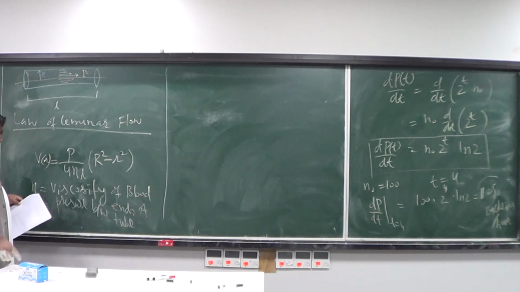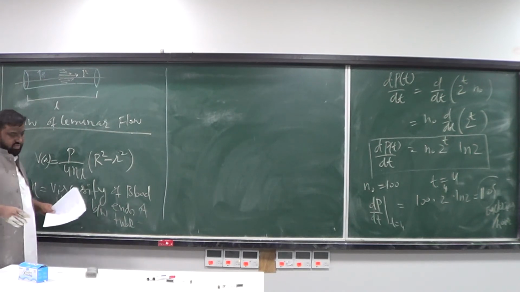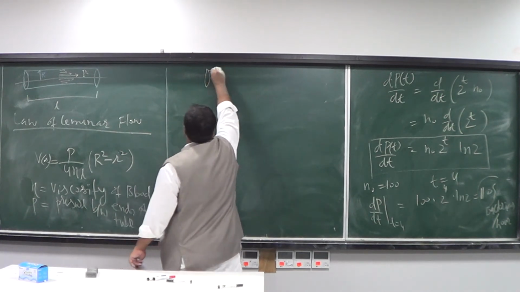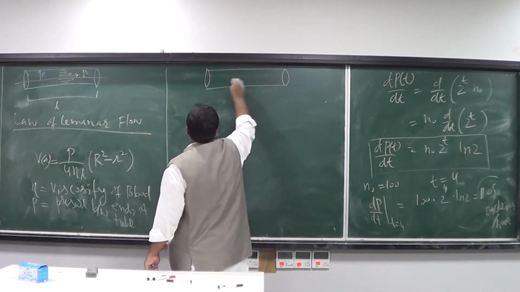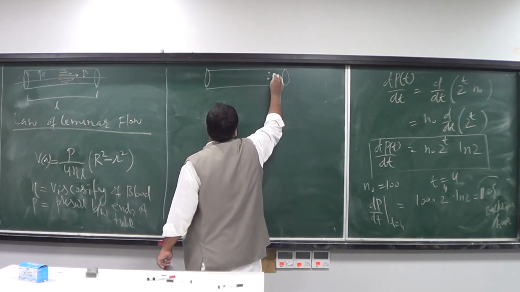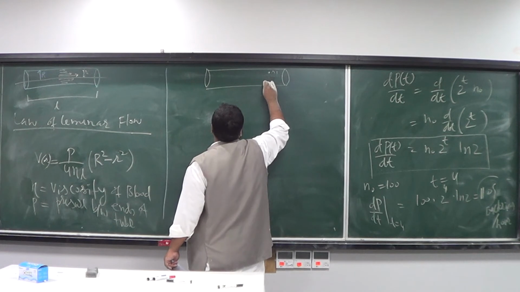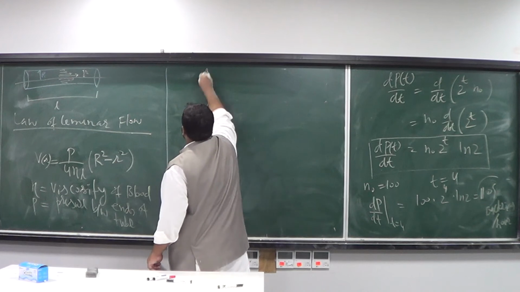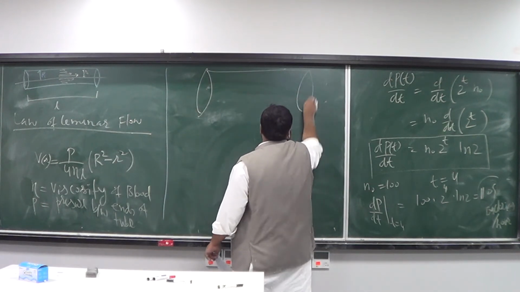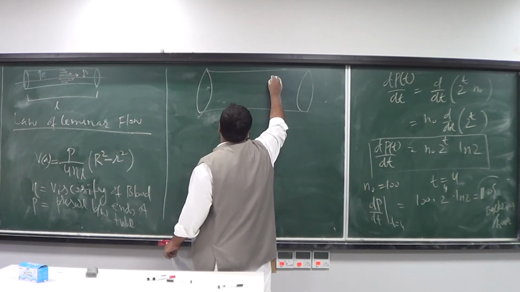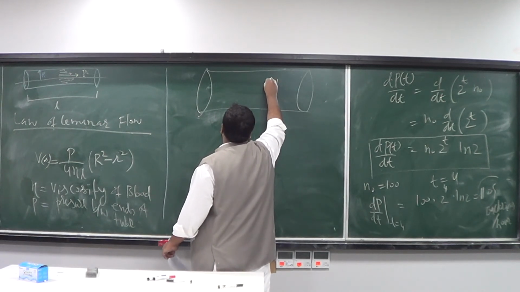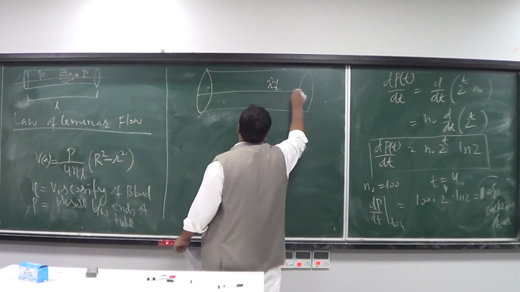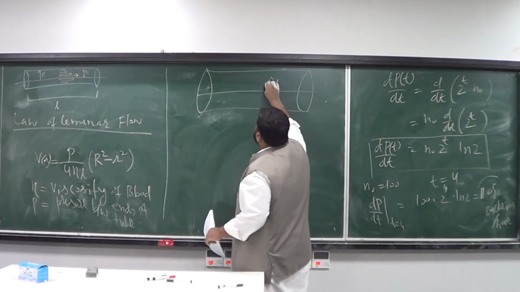So now what would I like to know? Suppose in this vessel I give you two positions, say R1 and R2. I made a bigger one, so imagine a zoomed version of it. Imagine I'm in this tube at location R1 and another location R2, while this is the middle axis.